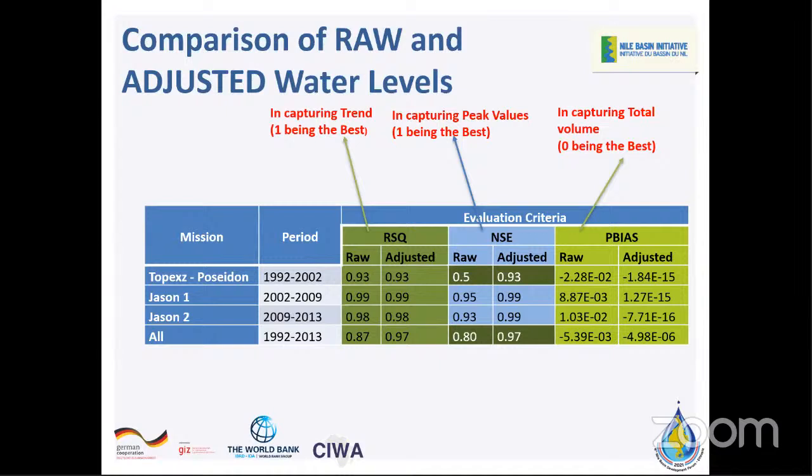As I have said, the raw data by itself, without improvement on a decadal time step, had very good estimation, especially Jason 1 and Jason 2, but TOPEX had some smaller estimation, especially it had limitations in finding the peaks or the larger values.